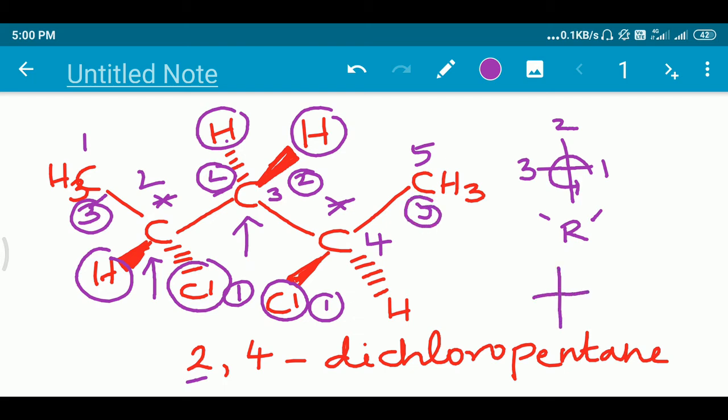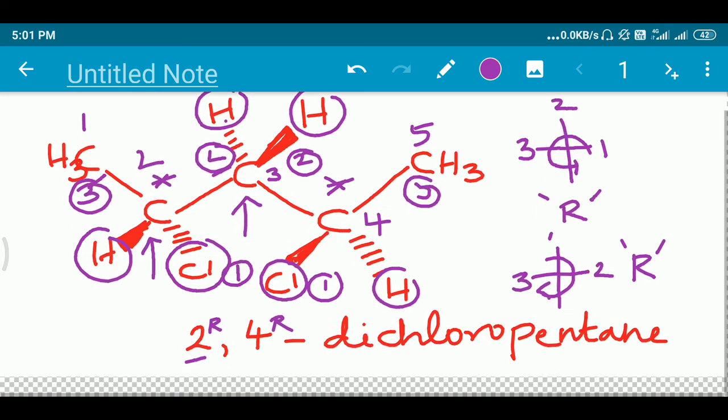So we move in the 1, 2, 3 clockwise direction, and you can see your hydrogen is away from you, that is on the rear side, back side. Therefore we have to take the configuration as such, and therefore this becomes R. So this structure corresponds to 2R,4R-dichloropentane.